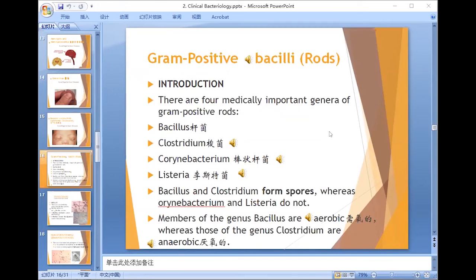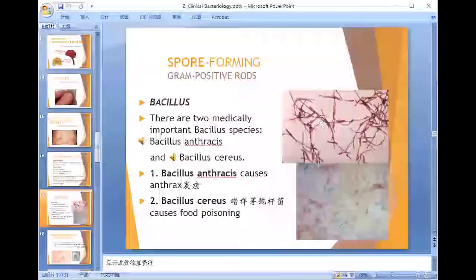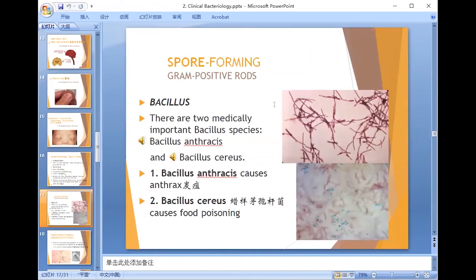And then we're talking about gram-positive, long rod-shaped bacteria. So these bacteria have different shapes. Some of them need oxygen, some of them don't need oxygen.